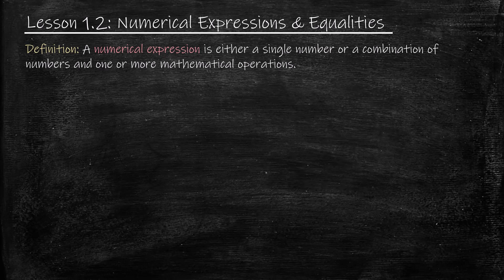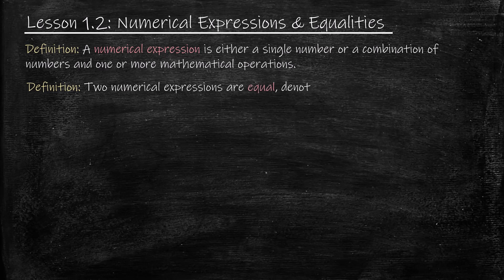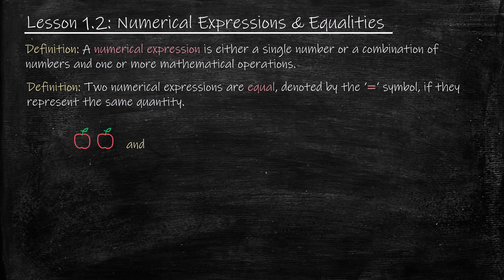We are ready to define what it means for two numerical expressions to be equal. Two numerical expressions are equal, denoted by the equals symbol, if they represent the same quantity. For example, 2 apples and 3 apples together are the same quantity as 5 apples.